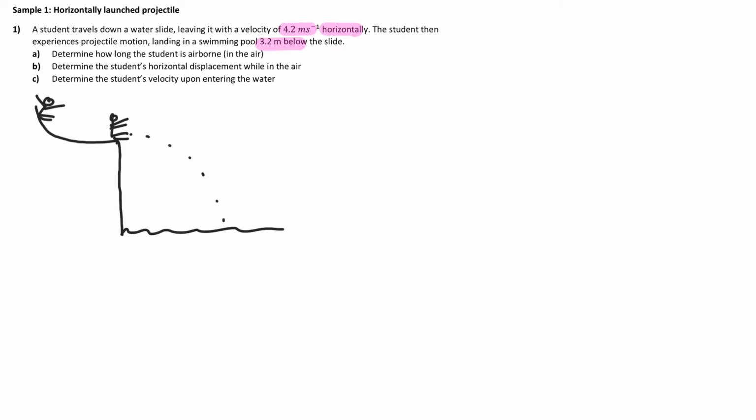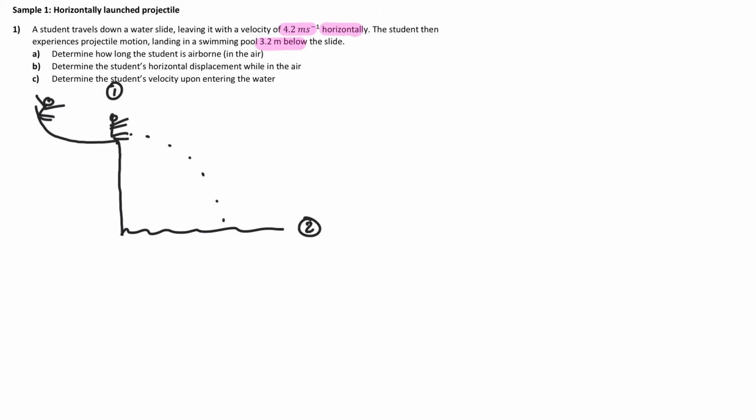So in this case, there's a few situations here. The student here is just sliding down. We don't really care about this stage because the information that we're given is right when they get off the water slide. So we don't really care about that stage. I'm not even going to include it in my diagrams. I'm going to have one stage here and one stage here.